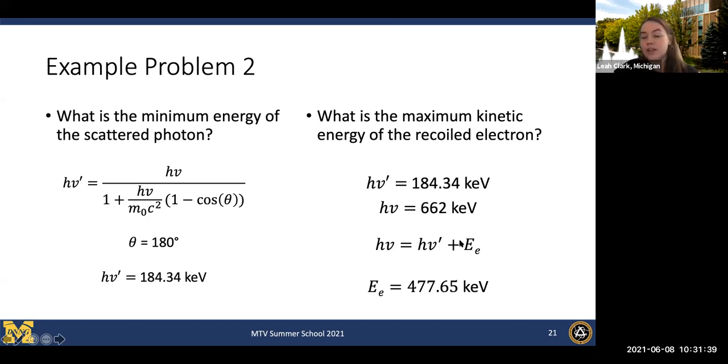We can use our equation again and rearrange it to see that 662 minus this value is 477.65 keV. And if you got that problem right, that's good. This was actually a candidacy exam question on one of the 2018 nuclear engineering candidacy exams for University of Michigan. So if you got that right, you're on your way to getting your PhD.